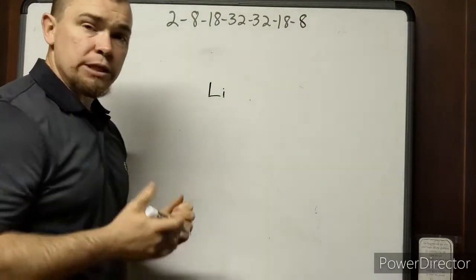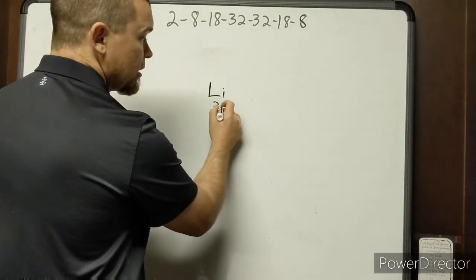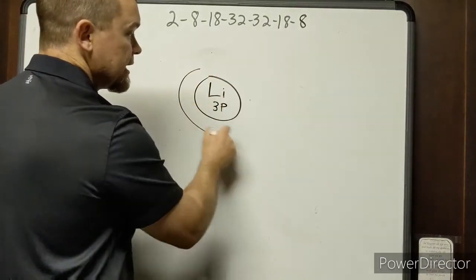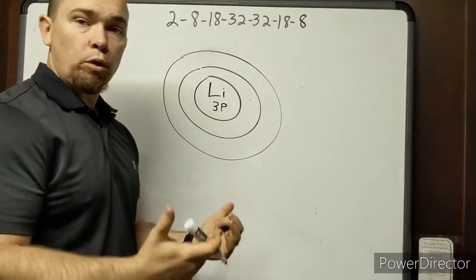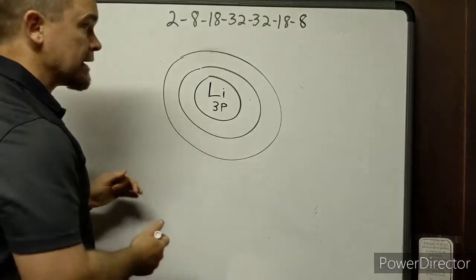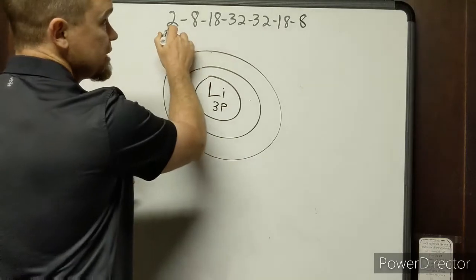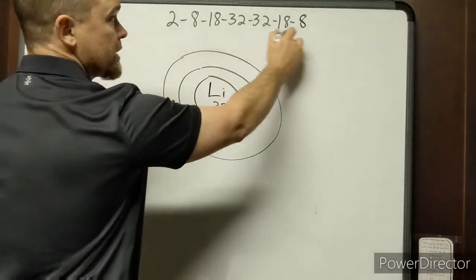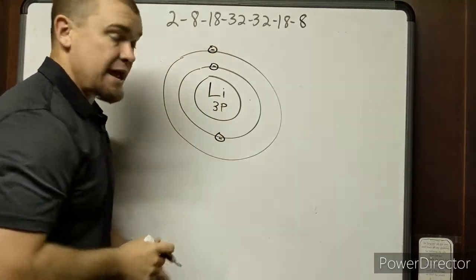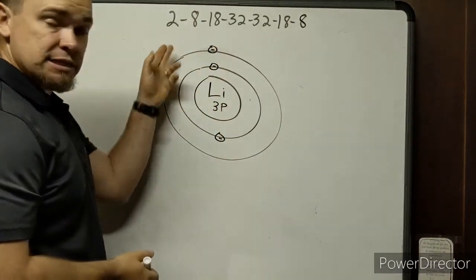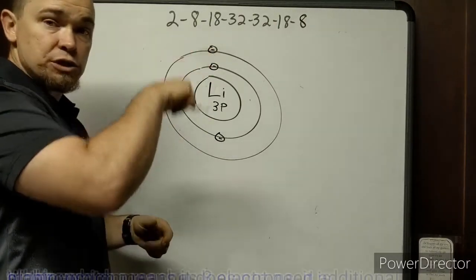Lithium on the periodic table is number 3, which means it has 3 protons in its nucleus, and it also has 3 electrons. Electrons, of course, are the subatomic particles that orbit the nucleus. They're responsible for bonding. Using the pattern of the Bohr model diagrams, I can have 2 electrons on the first ring, and whatever's left over on each additional ring.